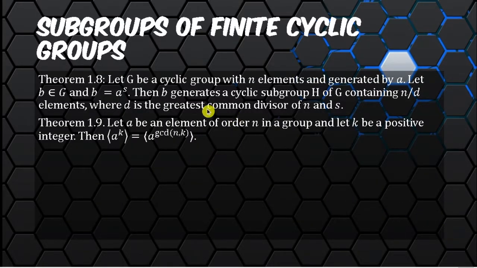All right, let's proceed to the subgroups of finite cyclic groups. Let's start with two theorems here. It says here that if G is a cyclic group with n elements and generated by A, let B be an element of the same group and B equal to A raised to S, then B generates a cyclic subgroup H of G containing n over D elements, where D is the greatest common divisor of n and S. Another theorem, let A be an element of order n in a group and let K be a positive integer.